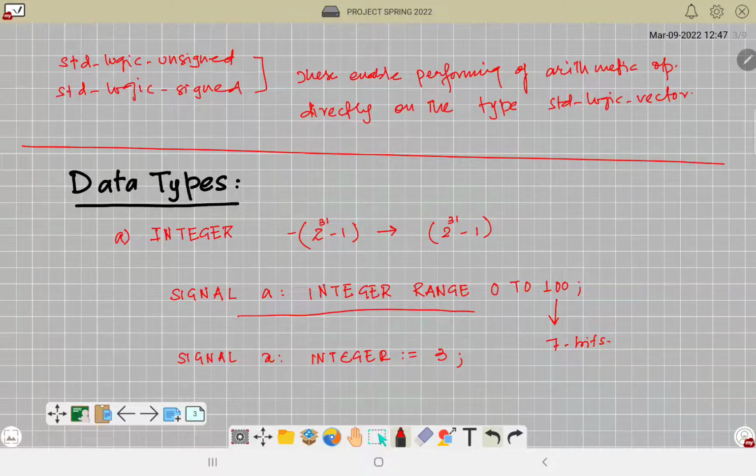Fine. So this is one data type that we may be using, right? And the way we use it is like this. Always specify the range, or just specify the value. ठीक है. Then we have also natural, boolean, but we may not be using them.